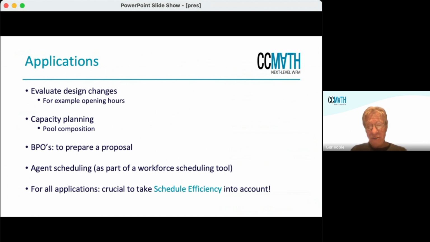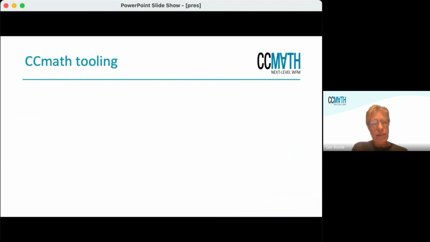What is the schedule efficiency of the schedules that you are using? Did you ever try to calculate that, and how can that be improved? I think that's a question that not many WFM professionals ask themselves. But I do think it's a very valid question.